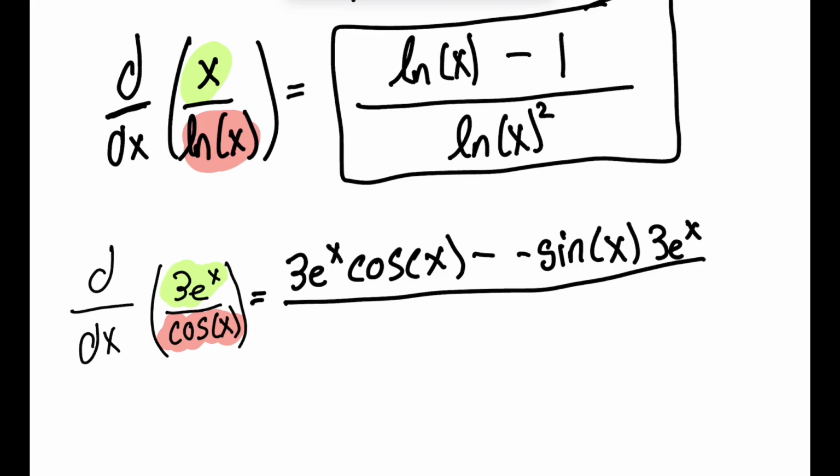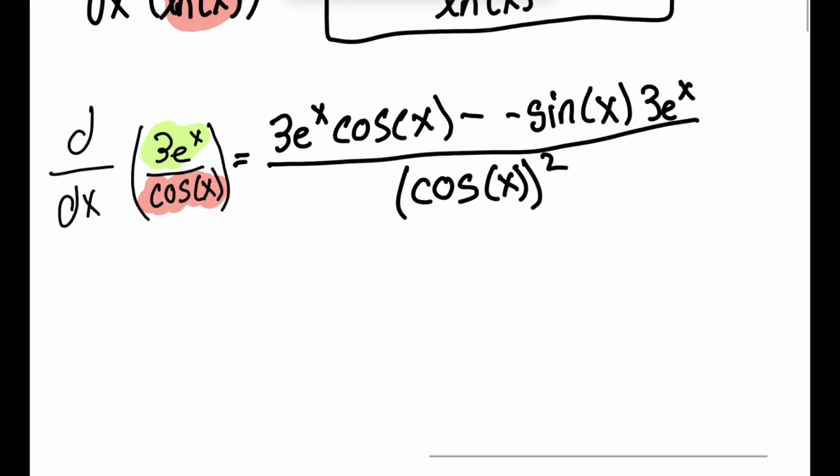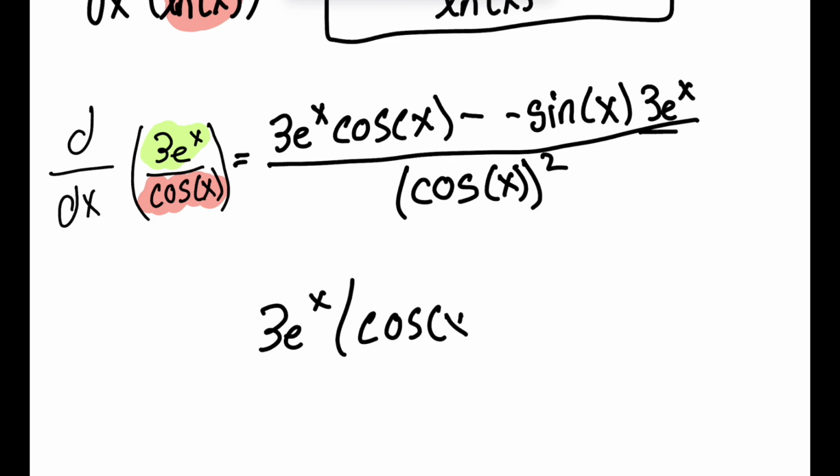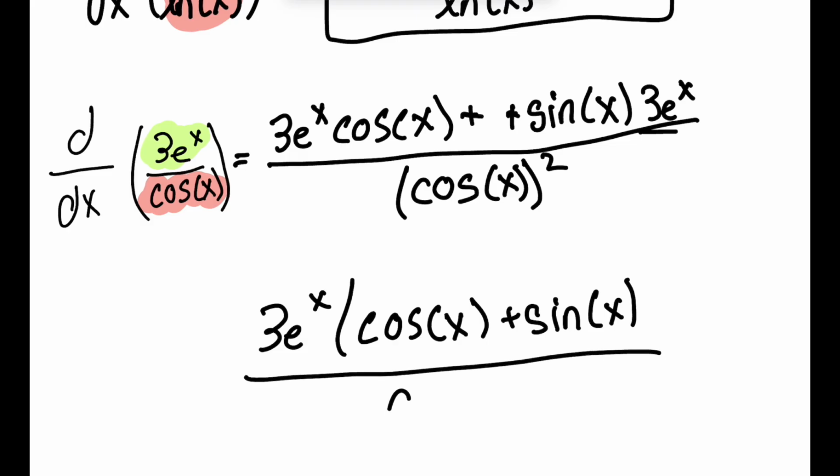And then we're going to take this whole thing and divide it by cosine of x squared. Now what we could do is we can actually factor out 3e to the x. And then we're going to get cosine of x. And because we have this minus minus, we can just make them a positive. All over cosine of x squared.